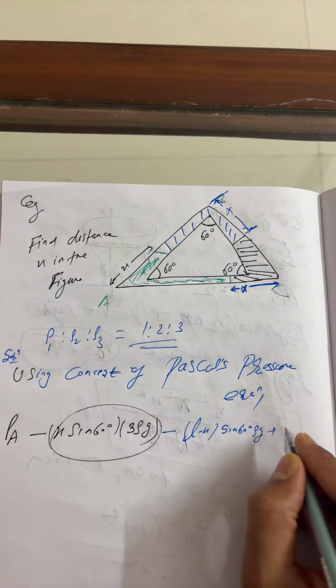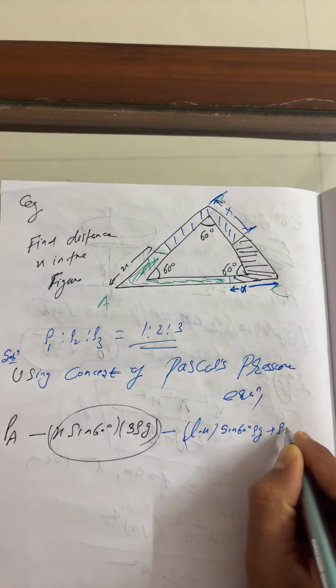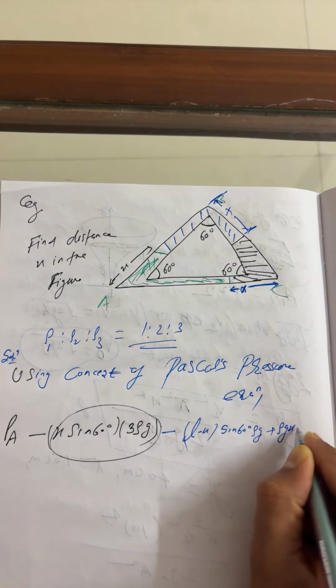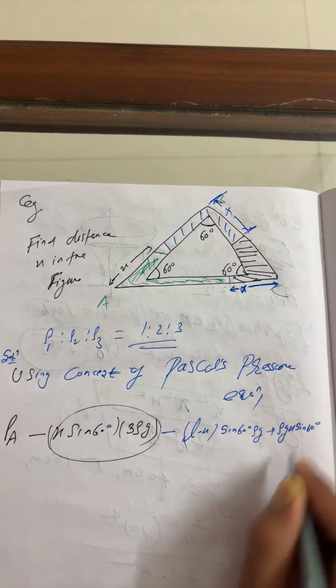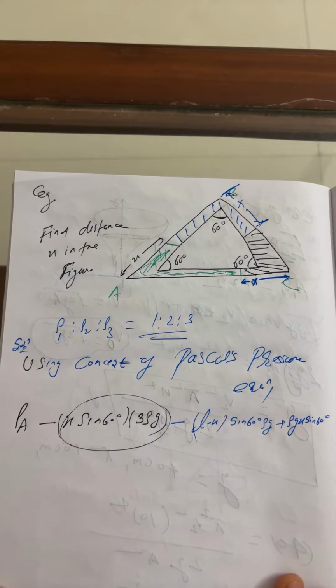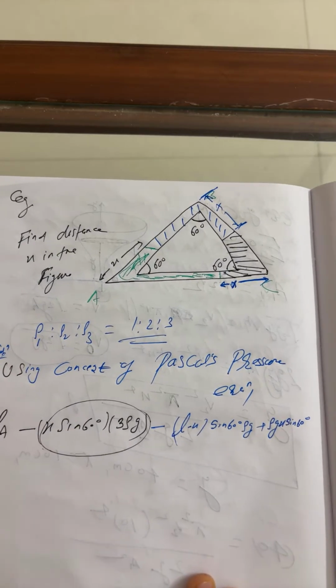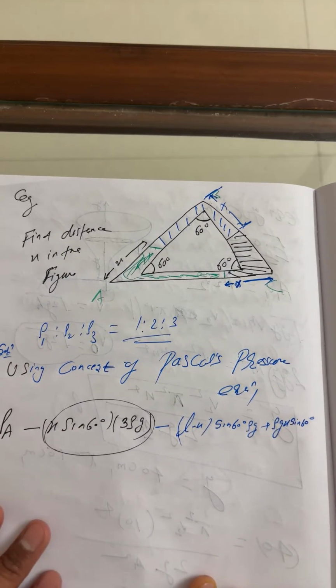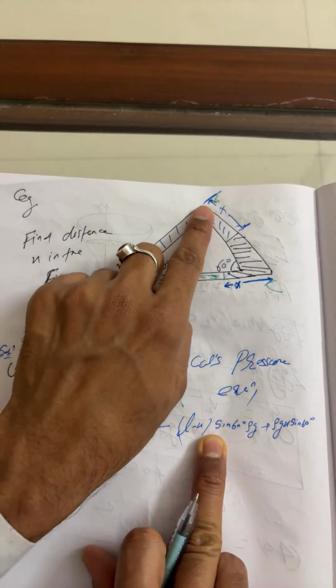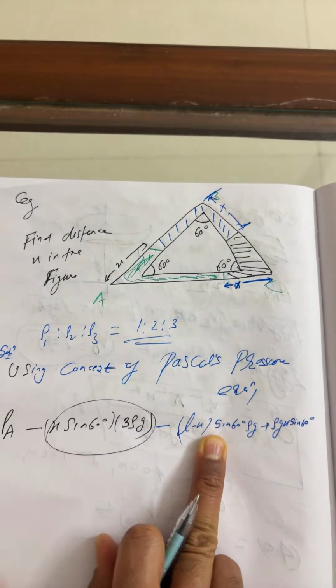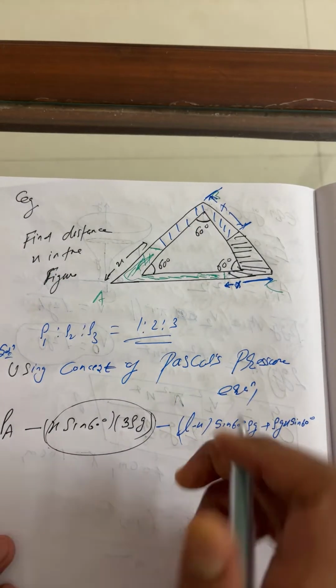So this is what you can say, rho g x sin 60 degree. Okay, so this I have written pressure at B1.